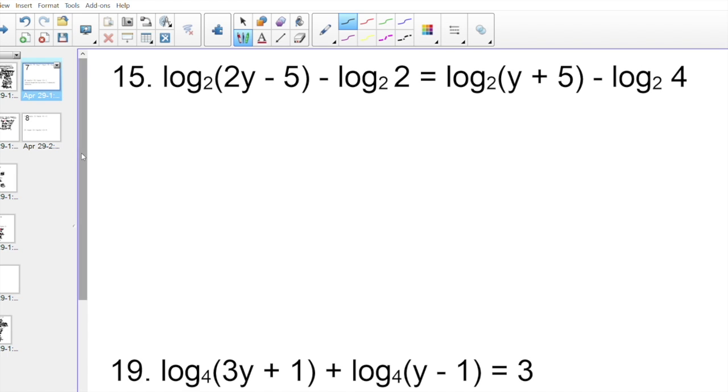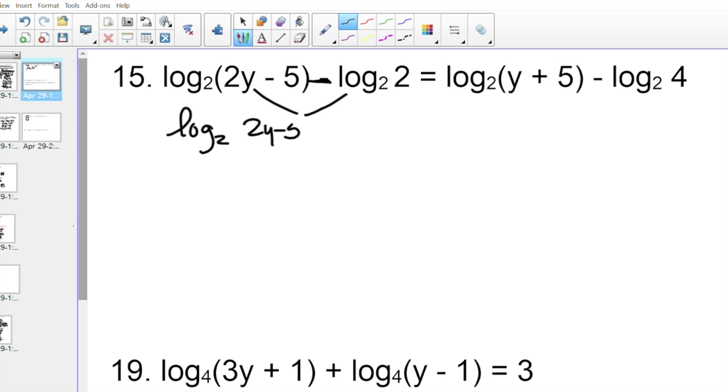You see, this is back, and let's see how we do on this one. So this is, now look, we're subtracting logs. So that means we got to keep the bases, we've got base 2 now. So previously, if you're subtracting logs, you were dividing.